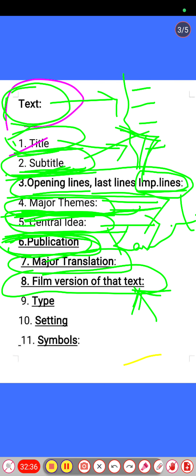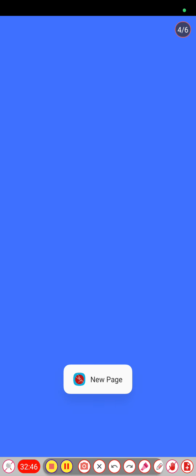Now next we have type, which could be genre. If you are reading a book, which type of work is it? I'll give you an example, A Room with a View.